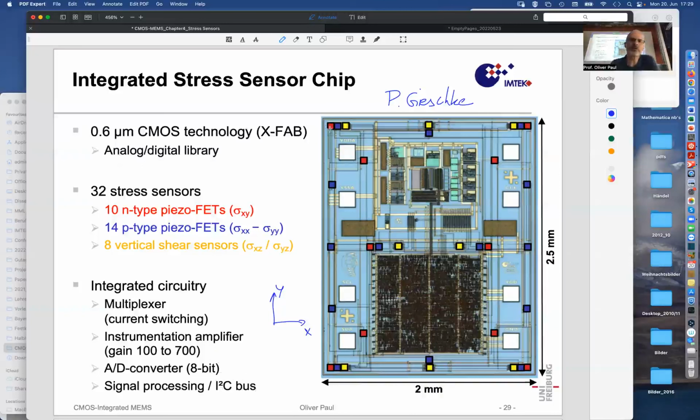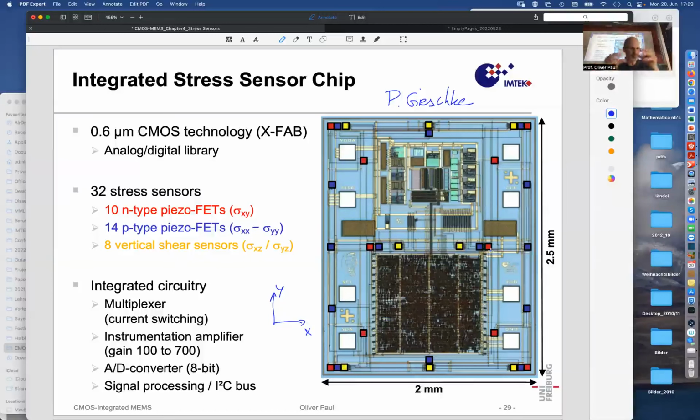It can measure the stresses, these stresses indicated here, at various locations on the chip surface. If that chip is embedded in a system where it is exposed to all kinds of mechanical loads, those different mechanical loads will produce different signatures in this distribution of sensors. By measuring the response of those sensors, one will be able to tell what the combination of loads is. So that's the purpose of this thing.